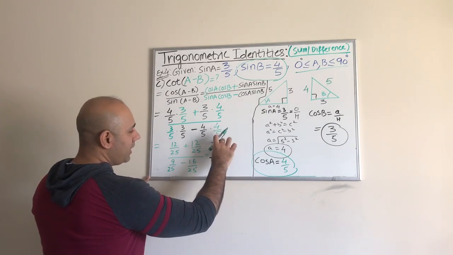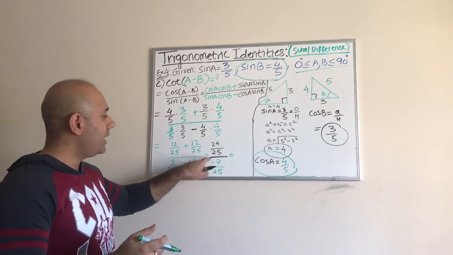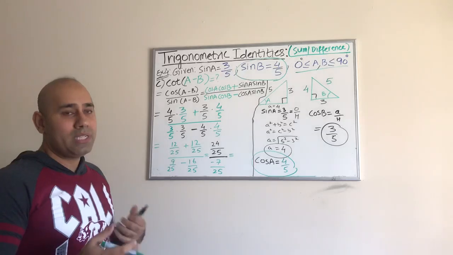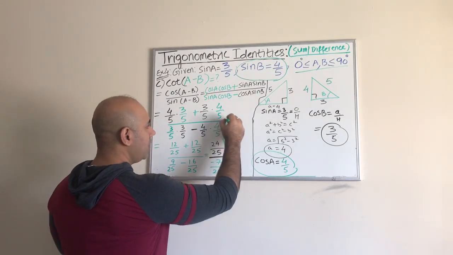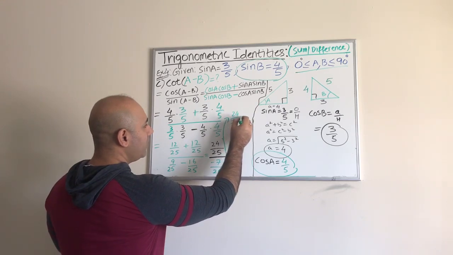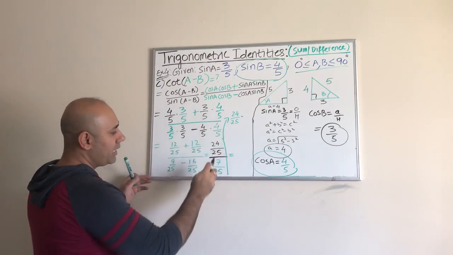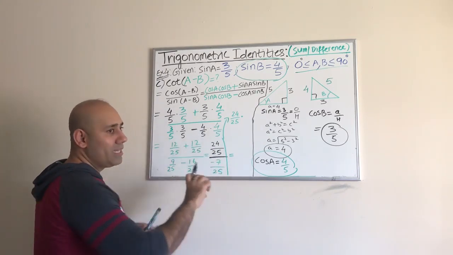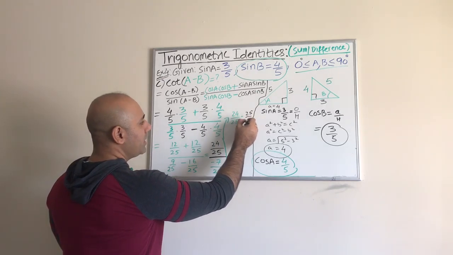When you have a ratio divided by another ratio, we change the division into multiplication. It becomes 24 over 25 times, but when we do that, the second fraction flips, so we get 25 over -7.